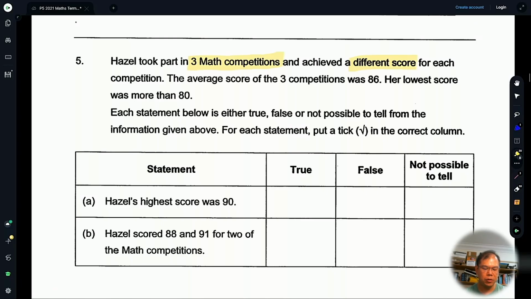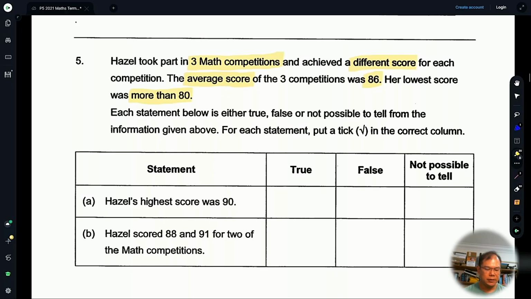The average score of the 3 competitions was 86. Okay, so this is the average score. Now her lowest score was more than 80. So one of them, the lowest score, was more than 80. Now you're supposed to see whether each statement below is either true, false, or not possible to tell from the information given above, and you're supposed to tick the correct box.